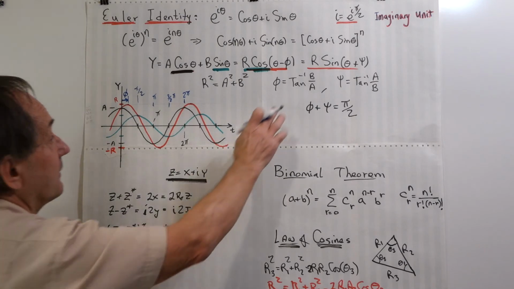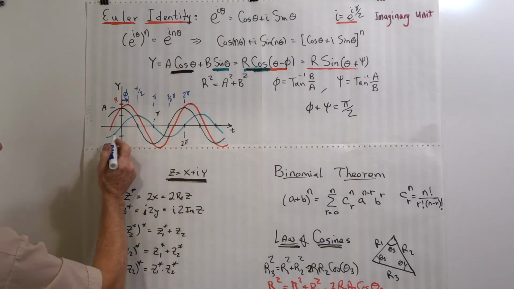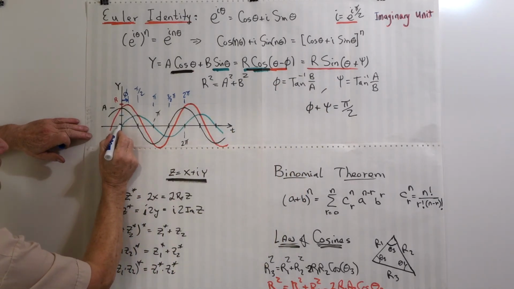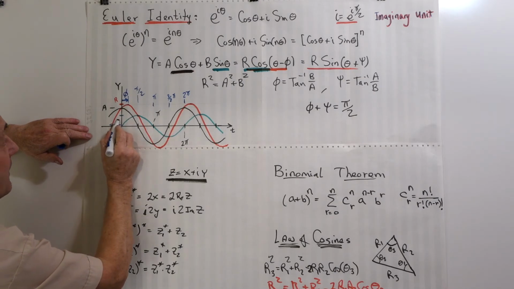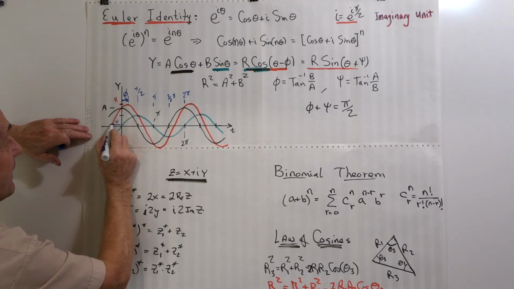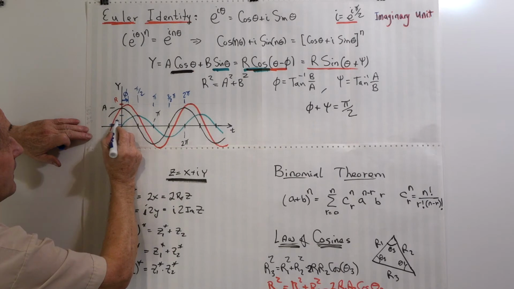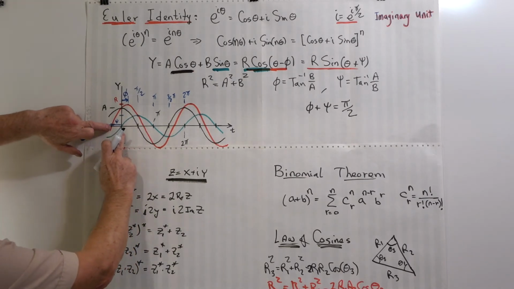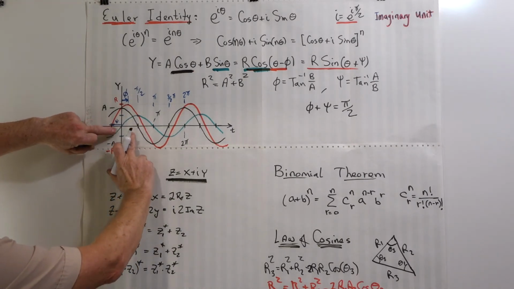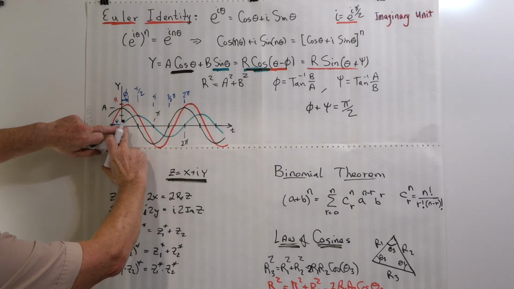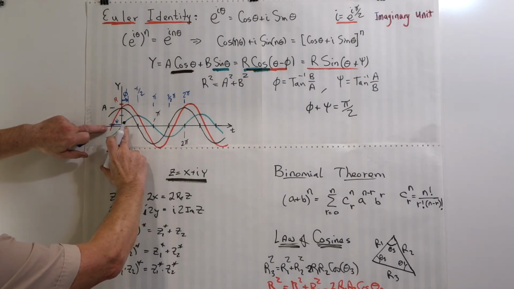And if we want to talk about it as a sine curve, it's shifted backward in time this way by the amount of psi. Because it's going through 0 earlier than the sine curve, so it shifted backwards in time.